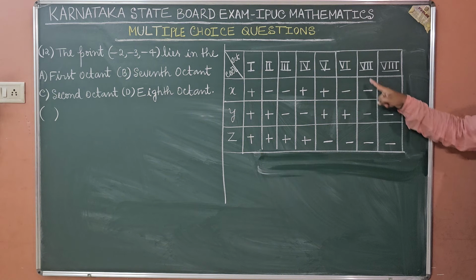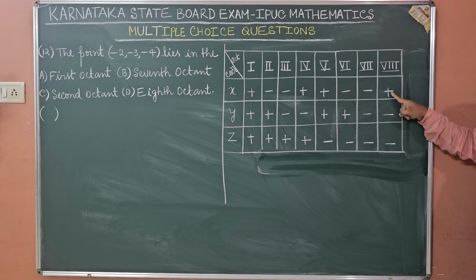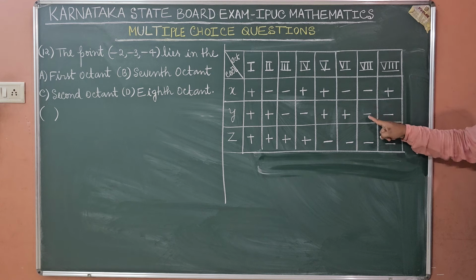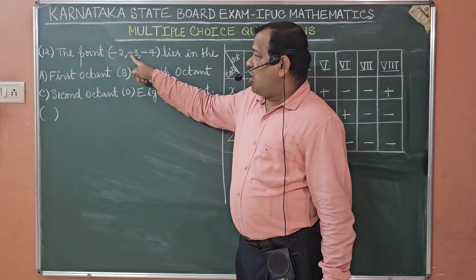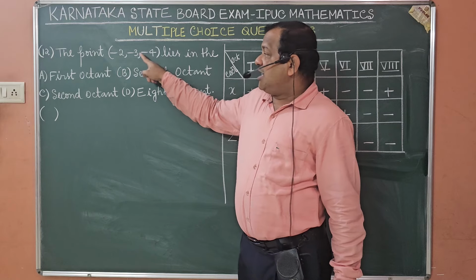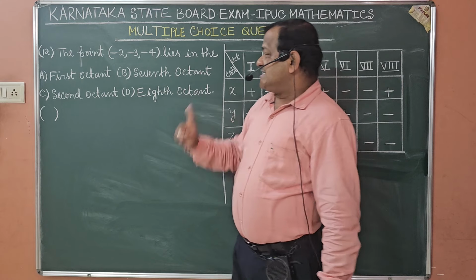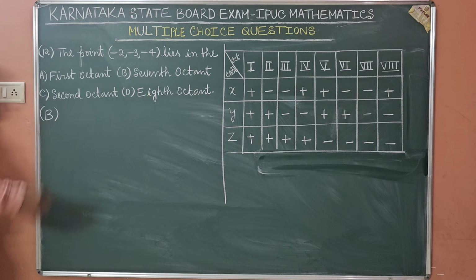In the seventh octant x negative, y negative, z negative. In the eighth octant x positive, y negative, z negative. Therefore in the seventh octant we have all three coordinates negative. Here all three coordinates have negative sign: minus 2, minus 3, minus 4. Hence it lies in the 7th octant. Therefore for this question option B is correct.